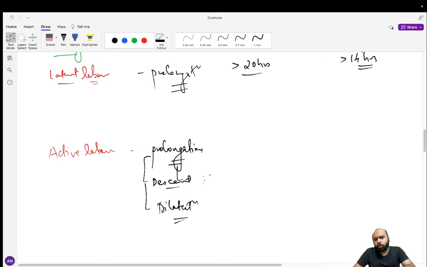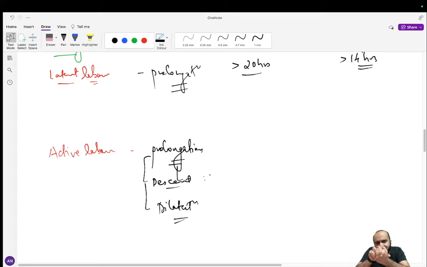Now, how do we know about dilatation? Of course, we do a per vaginal examination and try to assess with my middle finger and index finger how much the dilatation is. It is a thing of experience. You do not just take a tape and measure it. It is experience that tells you that if it is this much, then it is 4 centimeters, and if it is this much, it is 8 centimeters.